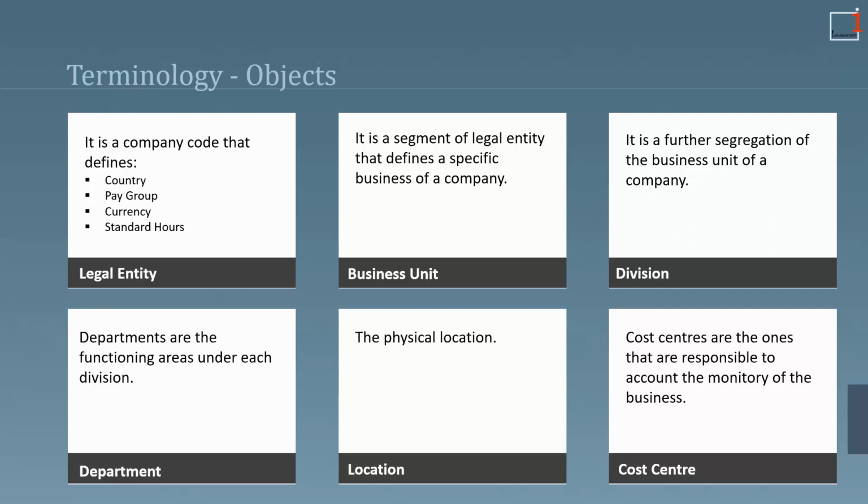Similarly, in the department you have something called sub-departments, and similarly we have them for the locations as well. So when you are looking for a big org structure, you can utilize legal entity, business unit, division, subdivision, department, sub-department, location and cost centers. That way you can create a much bigger org structure for your very own organization.